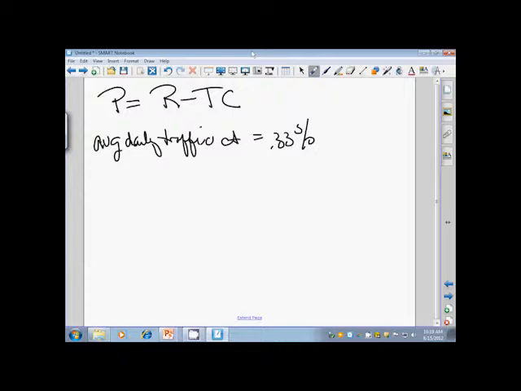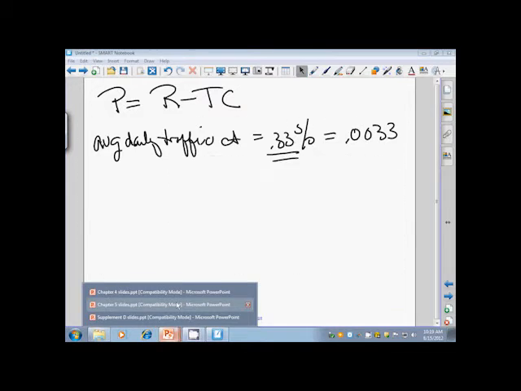Now, when you do a problem and you see a percentage sign in there, you need to transfer that to the decimal point. 0.33% is the same as saying 0.0033. Let's get some more information from here.